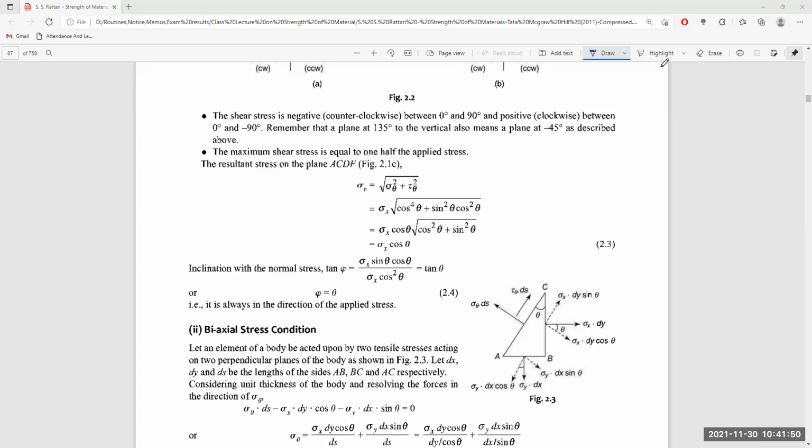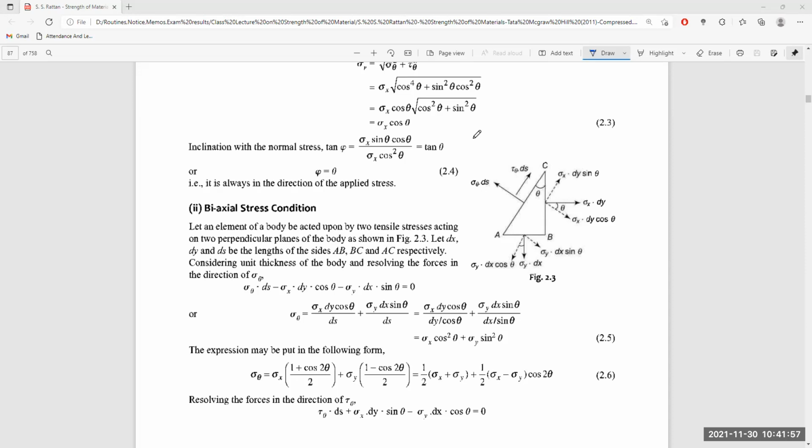Yesterday, I discussed the biaxial stress condition, which means a prismatic bar is subjected to loading in two mutually perpendicular directions, one along the x-axis and one along the y-axis.